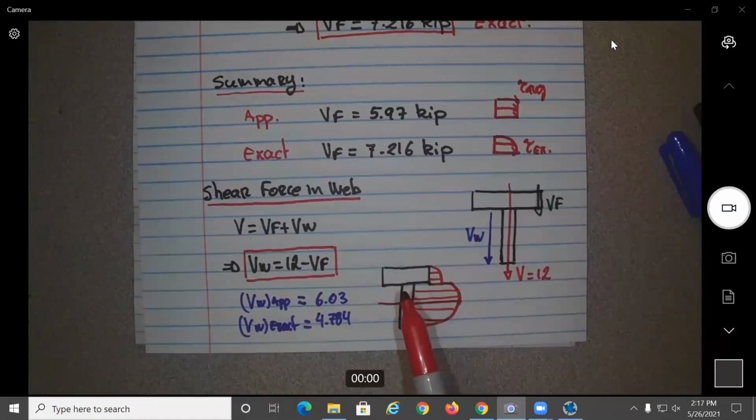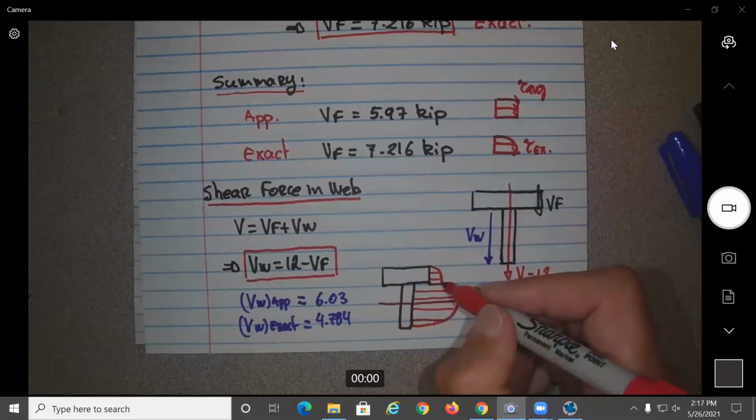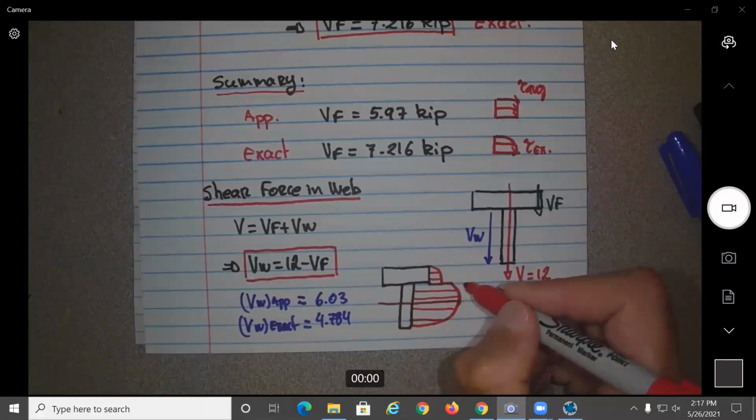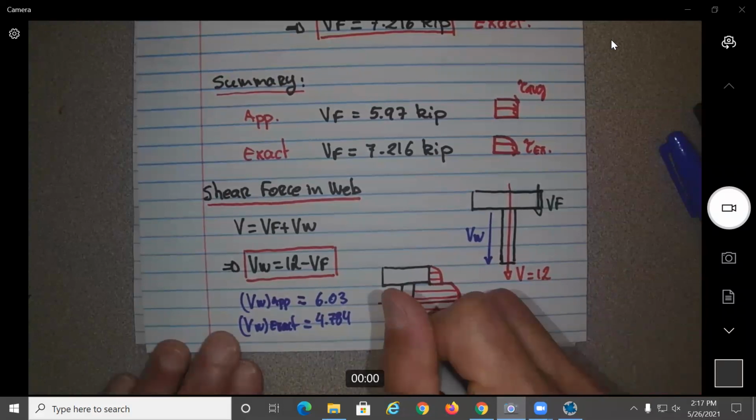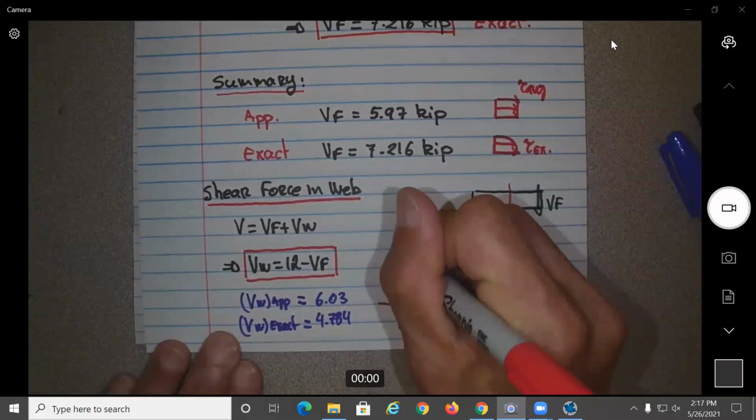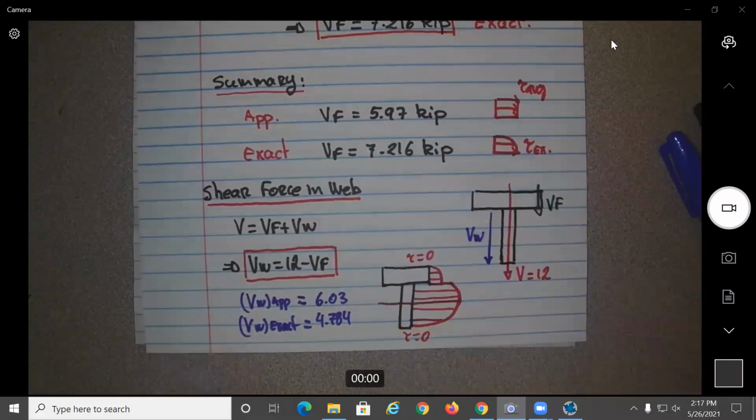And here the T would be, I think, 4. So it should be a jump of 3 actually, no? From this value, this one should really be 3 times the value. And then the maximum is going to be at the middle or the neutral axis, and then it's going to go to 0 at the end because there is no shear at the top.